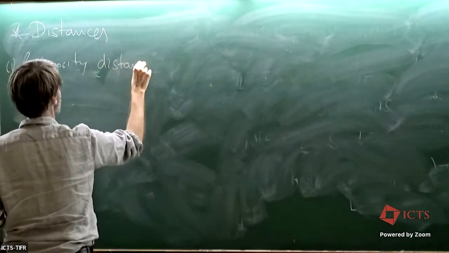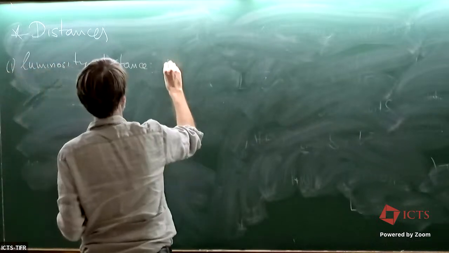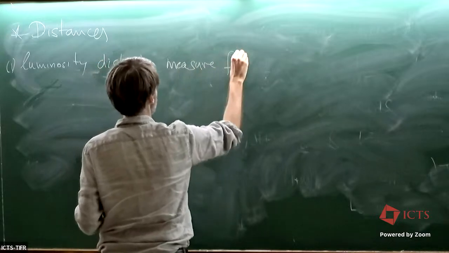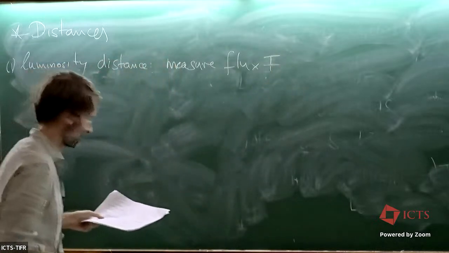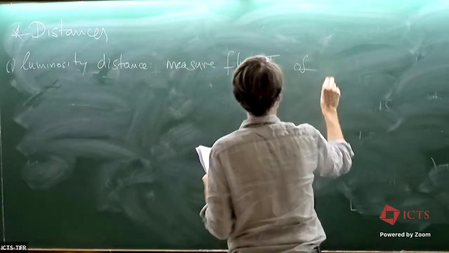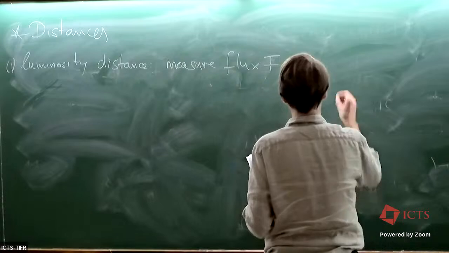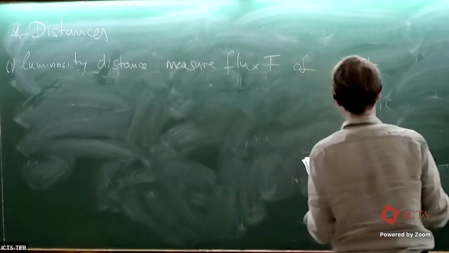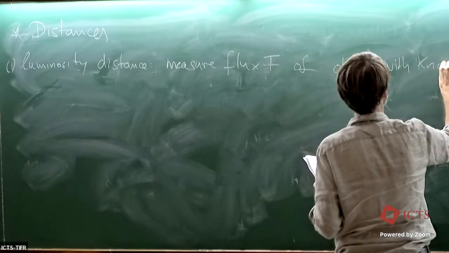So here, the idea is simple. The idea is that we measure some flux F, typically of photons, but it could be gravitational waves too, of an object with known luminosity.